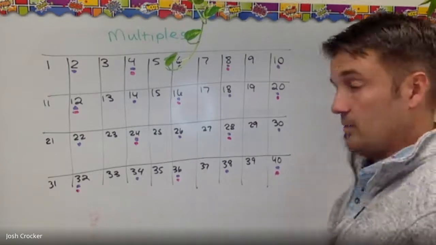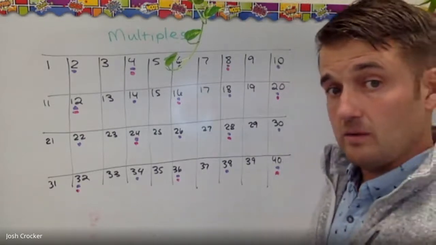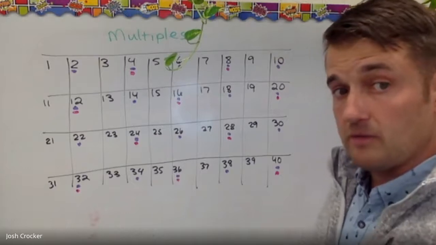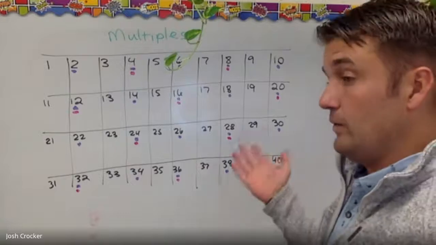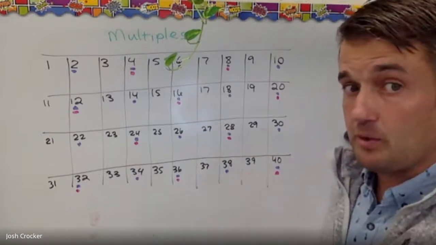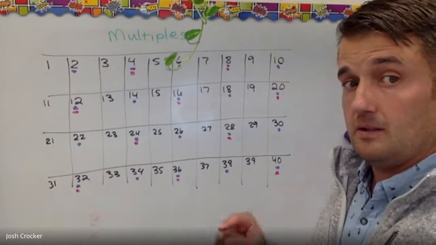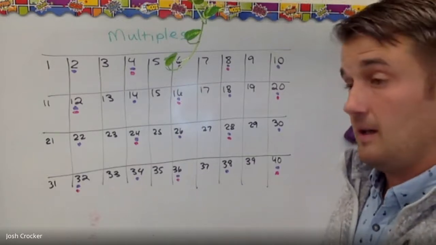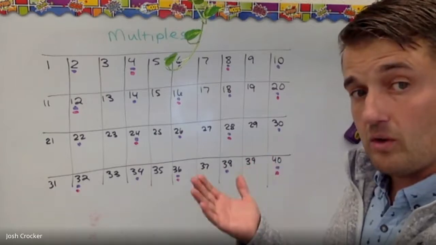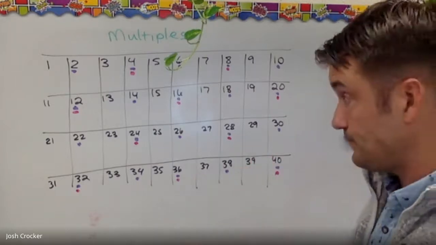So the pattern we got here, counting by 4, marking all the multiples of 4, we can see that the multiples of 4 are also multiples of 2 because 2's can be used to make 4. So all of the multiples of 4 are also multiples of 2.